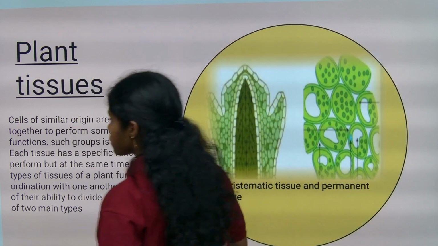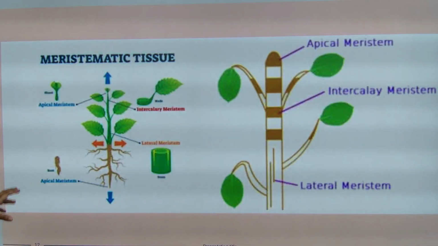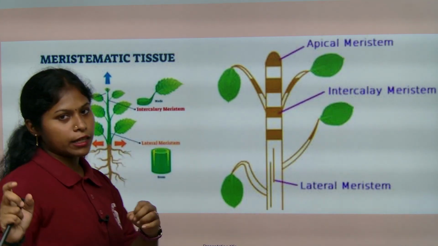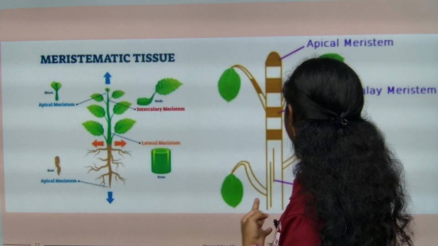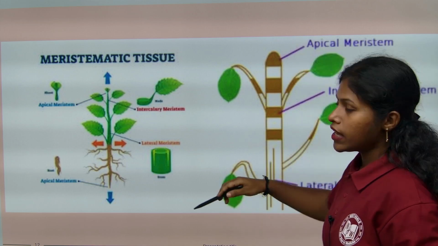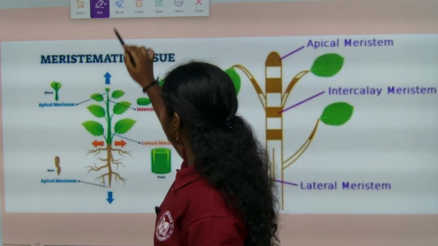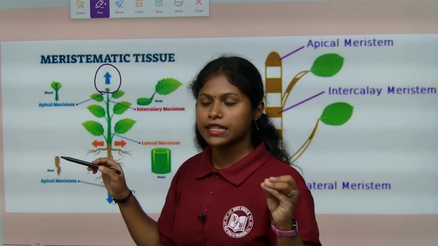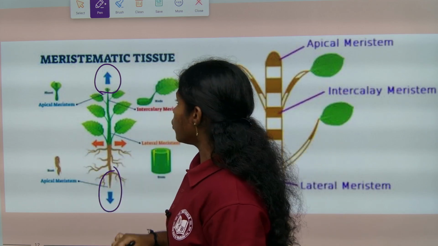Coming to the meristematic tissue, see children, it is of three types: apical, intercalary and lateral. The apical meristem is present at the tip. Apex means tip. It is present in the roots and also shoots.